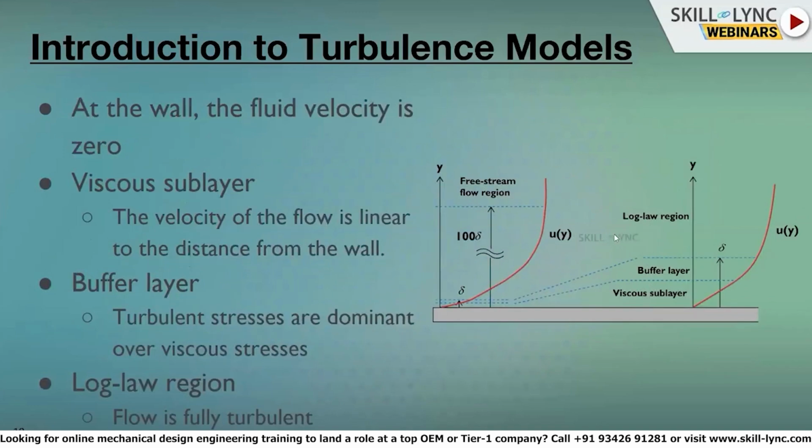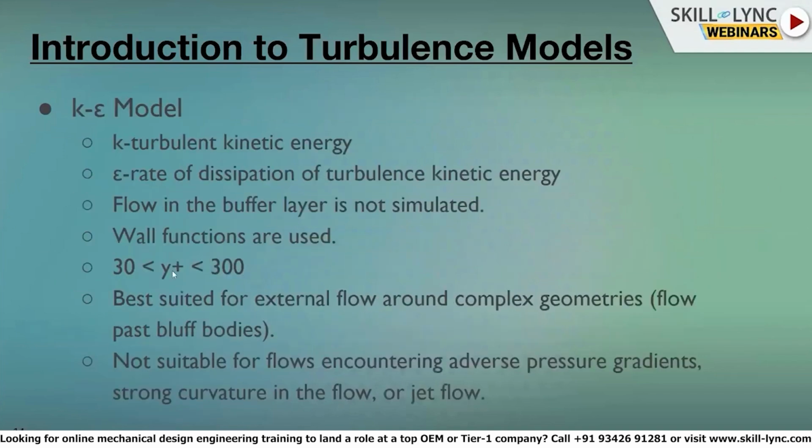It just captures the flow in the log law region, and to capture the physics in the buffer layer and viscous layer, we use wall functions. For this model, the Y plus values are between 30 and 300. I will come to Y plus once I explain all the turbulence models. For the time being, let us keep it like that: we require Y plus between 30 and 300.